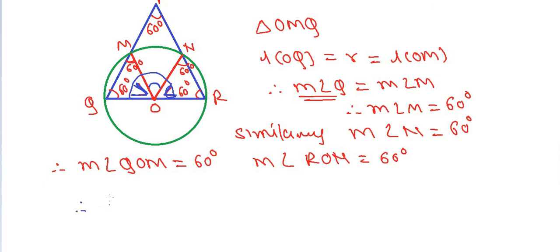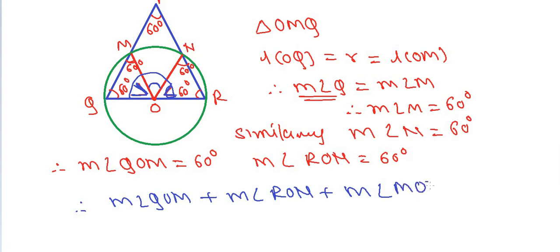So we can write measure of angle QOM plus measure of angle RON plus measure of angle MON. Try to locate them in the diagram. This is QOM, this one is RON, and this that we need is MON.